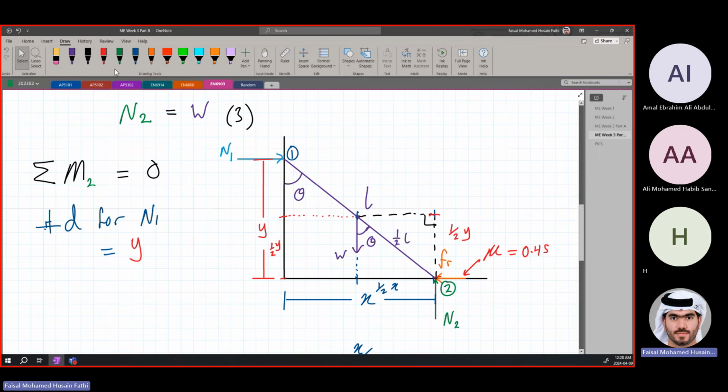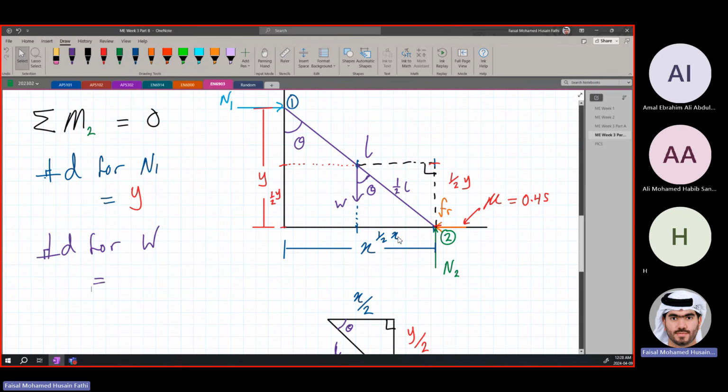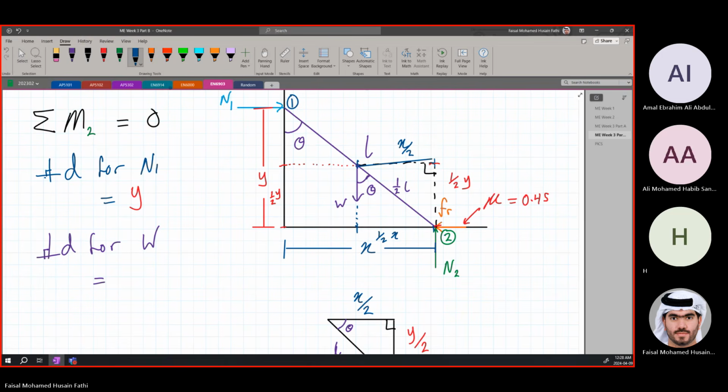The perpendicular distance for W is equal to, what is the perpendicular distance? It is this distance over here, which is from here to here, which is half X over 2. It's this distance. Okay, it's X over 2.